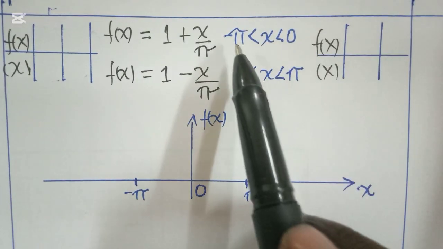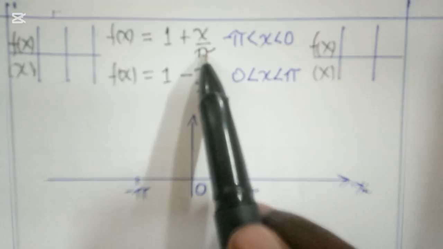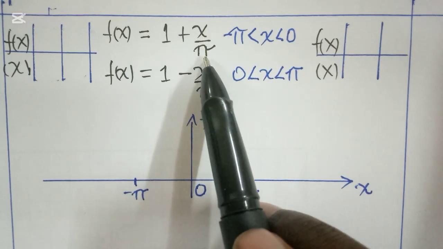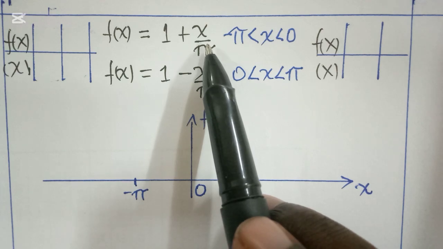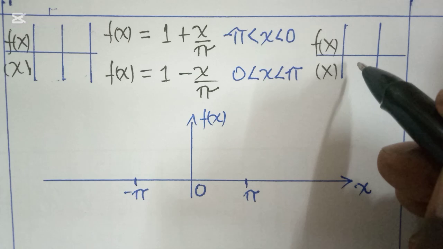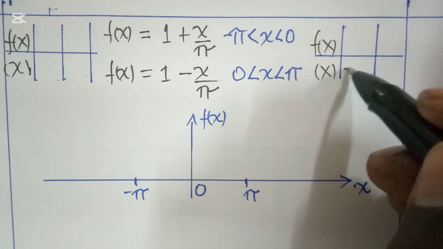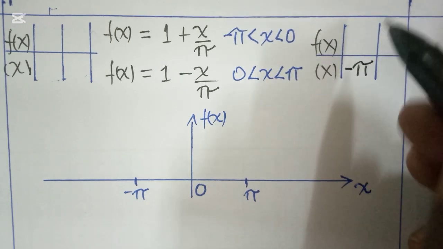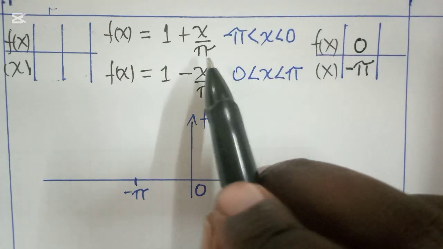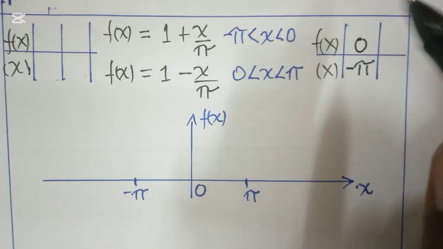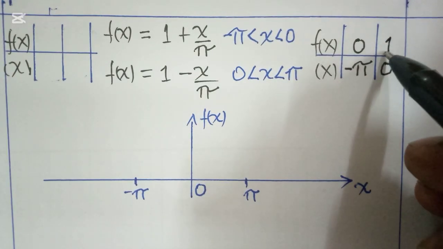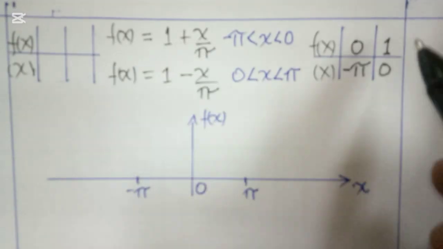I fix my negative pi on this x, so it's going to be negative pi over pi. That gives us negative 1, so 1 minus 1 gives us 0. So when x is negative pi, f(x) will be 0. Then when x is 0, it's going to be 1 plus 0, which is 1.